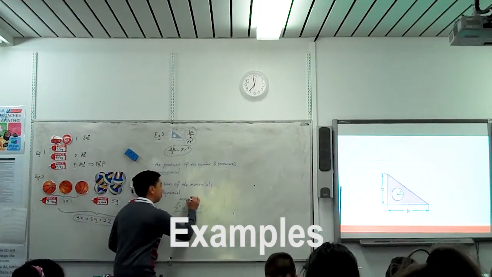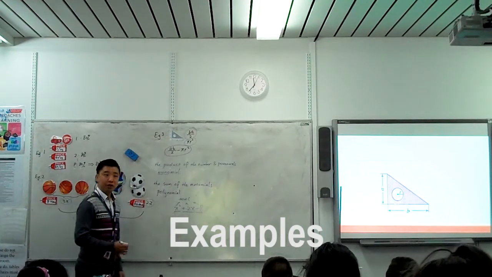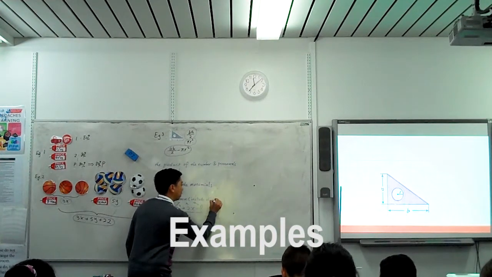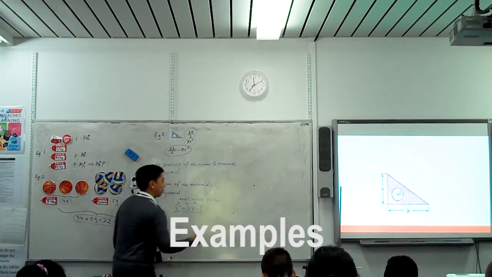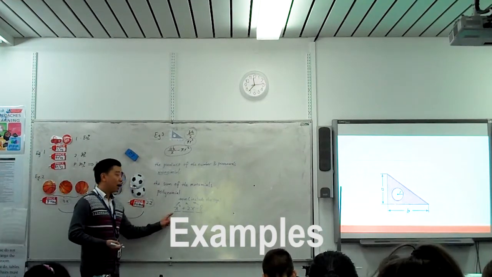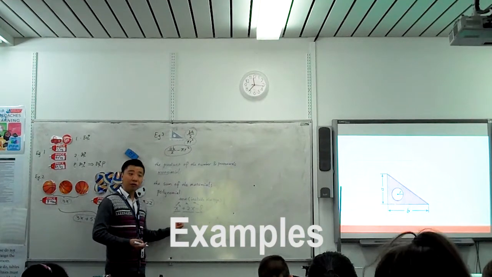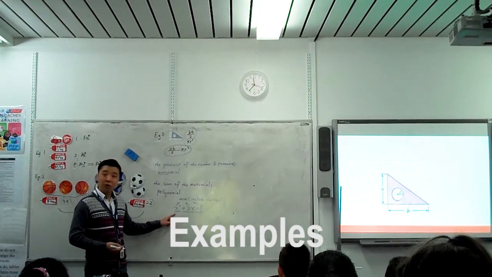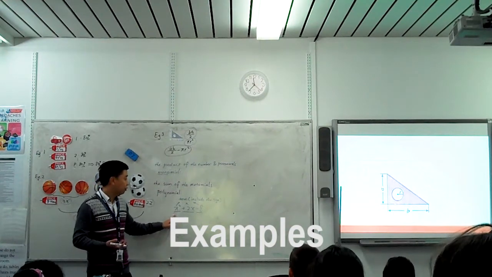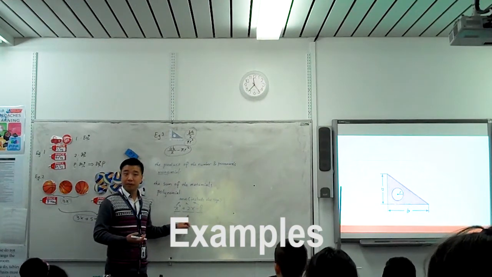Also, for each term, you need to include the sign. The sign is very important. So if I ask you to list all the terms, what is the first term? X squared, very good. How about the second term? 2x.